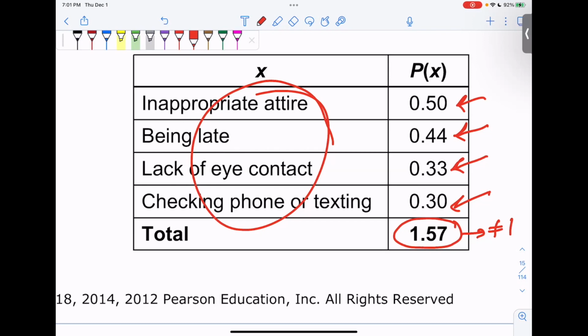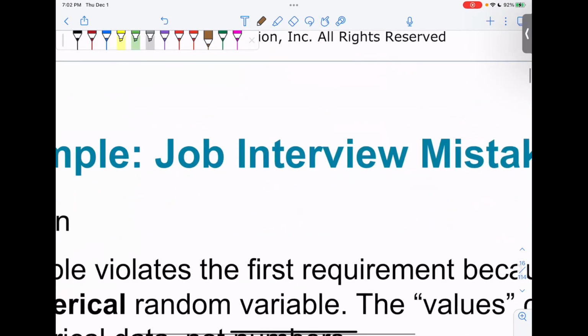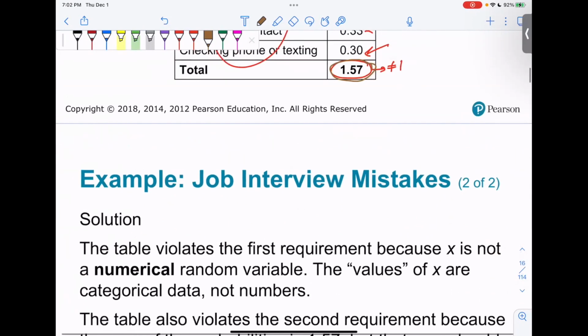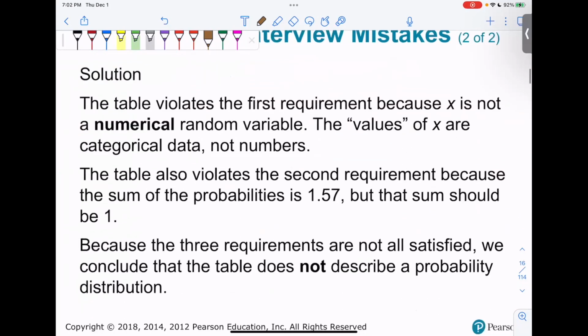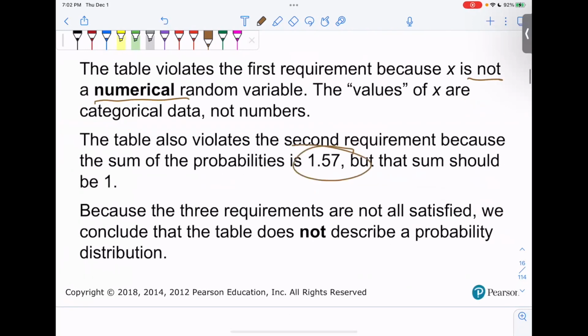So we can say that this is not a probability distribution because of two things: the values that the random variable will take are not numerical, and the summation is greater than 1. So the first one is not numerical, and the second one is the summation.